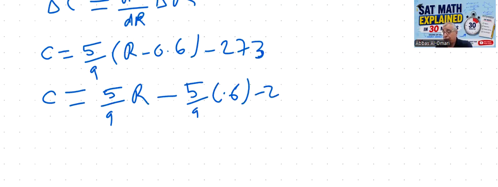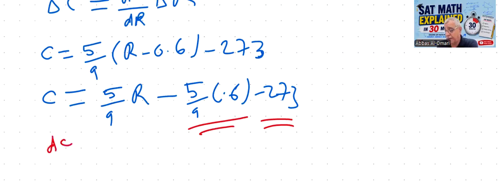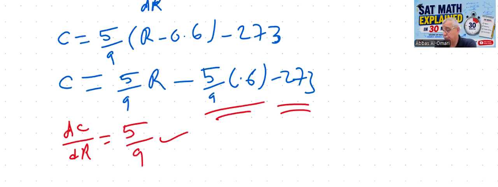Now I want to find dC by dR. Since this is going to be a constant, and this is going to be a constant, and the derivative of a constant is 0, I don't worry about calculating the exact value to save time. So simply I have dC by dR equals 5/9. That's it. dC by dR equals 5/9 from this relationship.